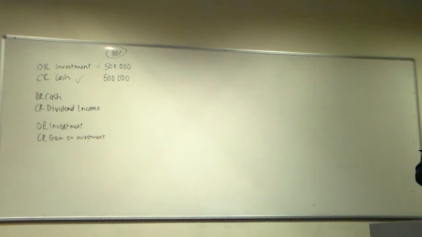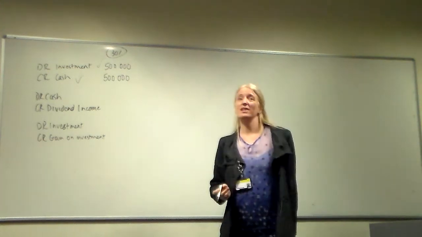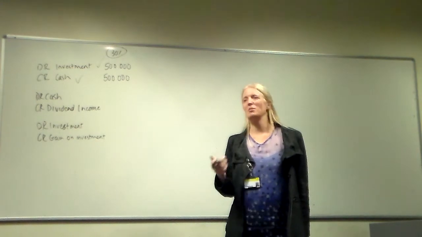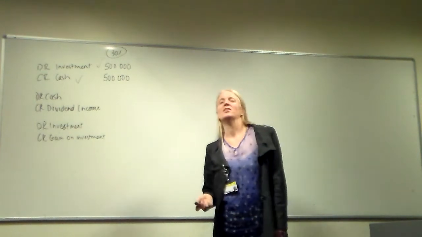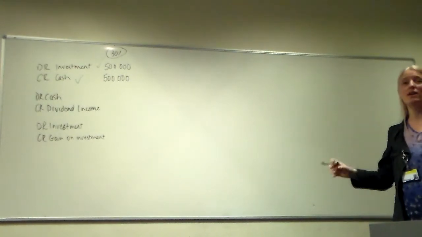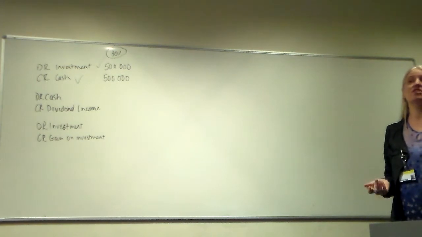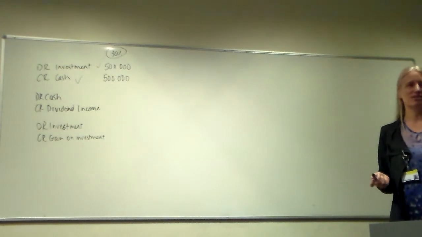Okay, to have an associate, you have purchased between 20 and 49% of the shares, which means that you have what we call significant influence. What does that mean? It means you don't have control, but you can quite significantly influence because you have quite a large percentage of the shares. So you can't make the final decision, but you certainly have a great deal of influence.